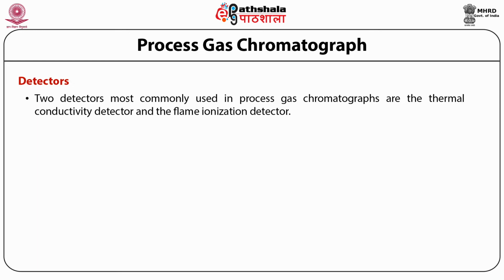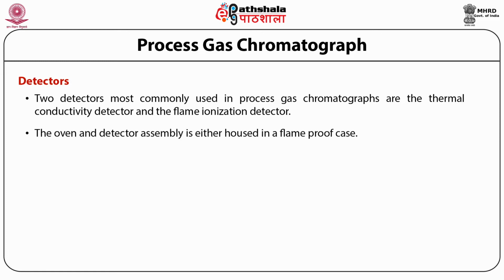The latter provides the sensitivity required to analyze for trace quantities of hydrocarbons and can also be used for carbon monoxide and carbon dioxide at ppm level by converting these compounds to methane over a nickel methanation catalyst before detection. The oven and detector assembly is either housed in a flame-proof case or is purged with a continuous flow of air to meet plant safety requirements.